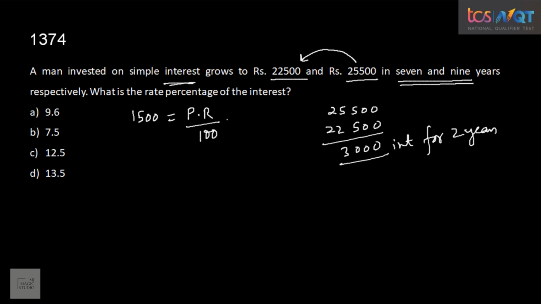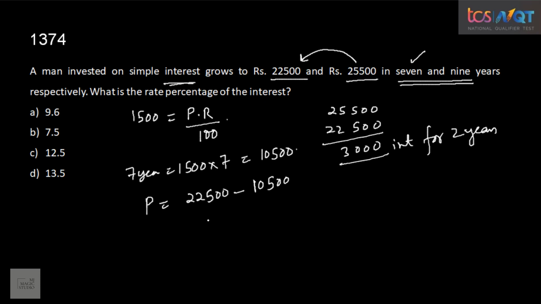Now what is the rate percentage of the interest? For 1 year it is 1500. For 7 years it would be 1500 into 7, that is 10500. Therefore the principal is 22500, the amount in 7 years, minus the interest gathered, that is equal to 12,000.